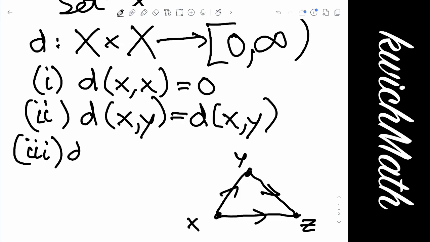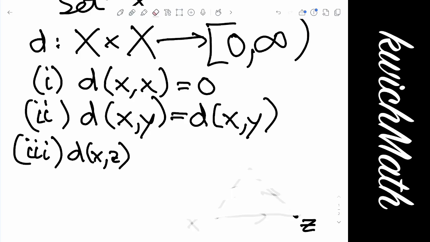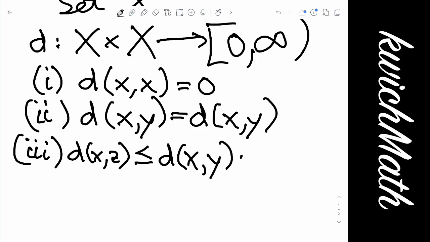So that means that the distance from x to c, let me just erase this, hope you're okay with that, should be smaller than or equal to taking the detour, right, from x to y plus from y to c.